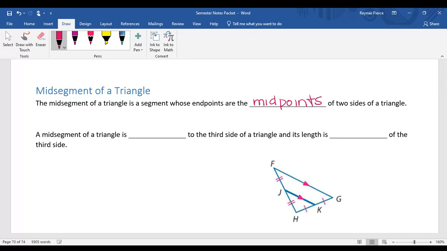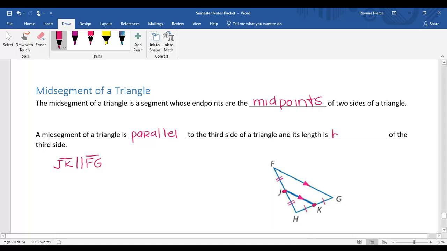Okay, and the midsegment, so down here, J is a midpoint, K is a midpoint. The midsegment is parallel to the third side. All right, so JK here is parallel to FG. But it is also half the length of the third side.